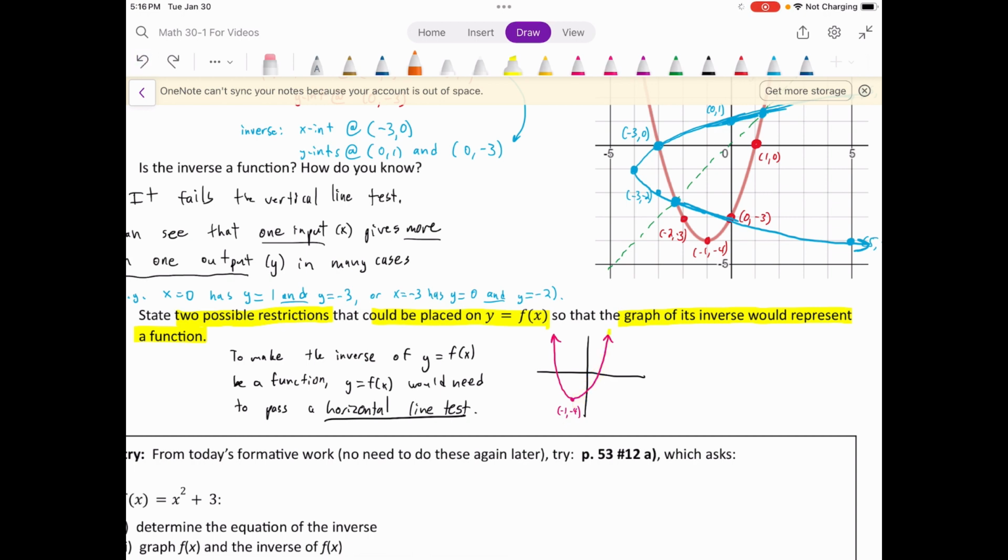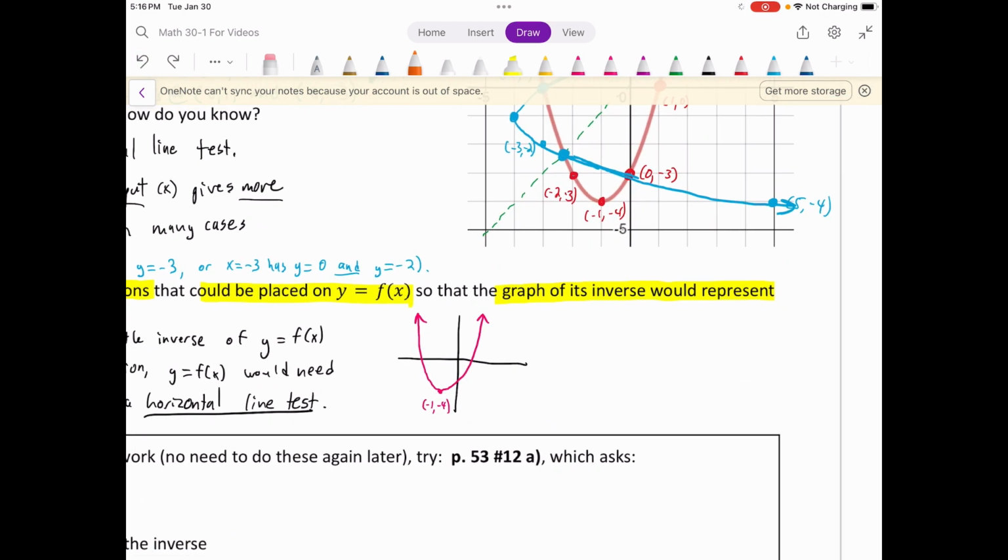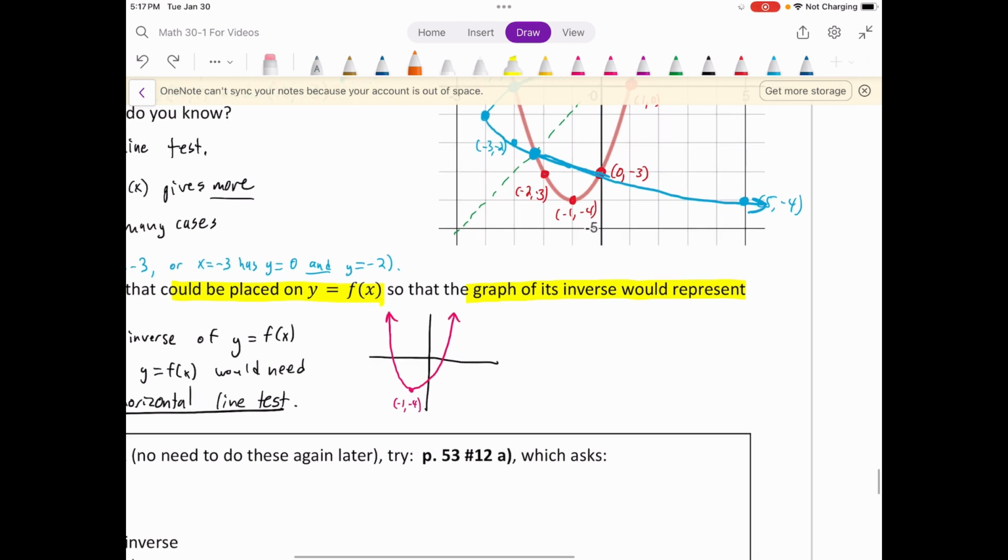We could just say, well, as long as x is greater than -1, the inverse of this could be a function, right? So if we restricted the domain to x greater than or equal to -1, then inverse of f of x would be a function, right?